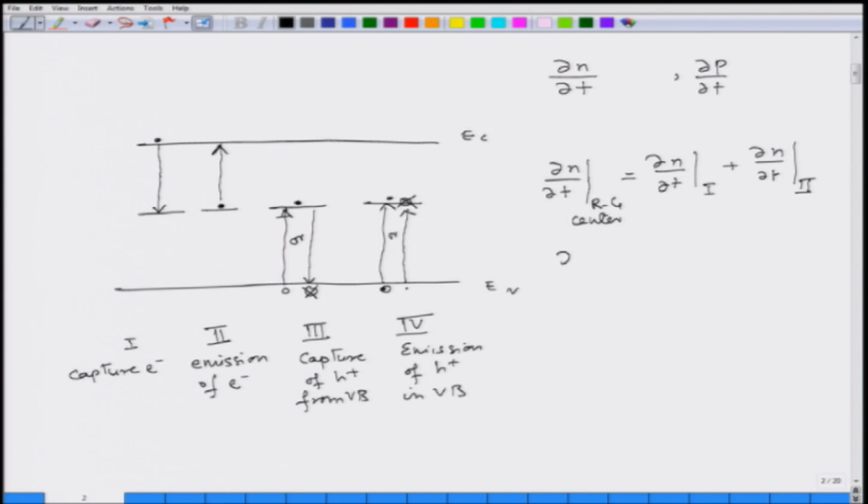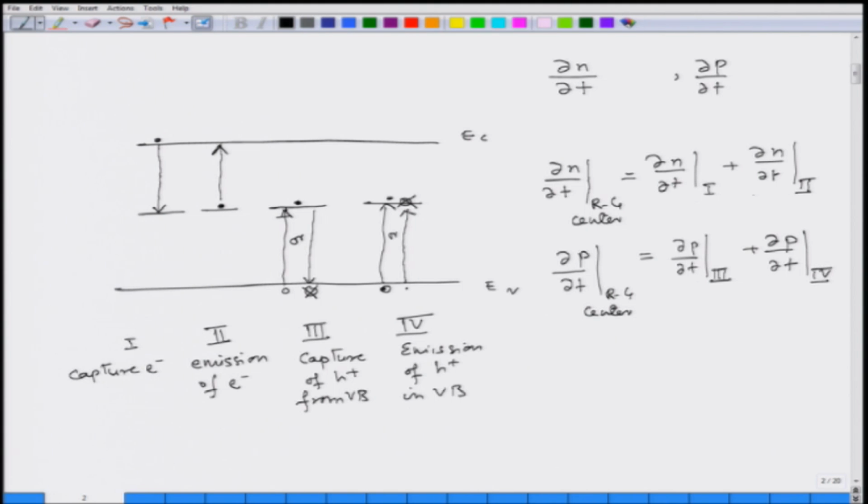Similarly, I can write for holes the mechanism of R-G center. Overall effect of recombination generation would be change due to the third process plus the change due to the fourth process.